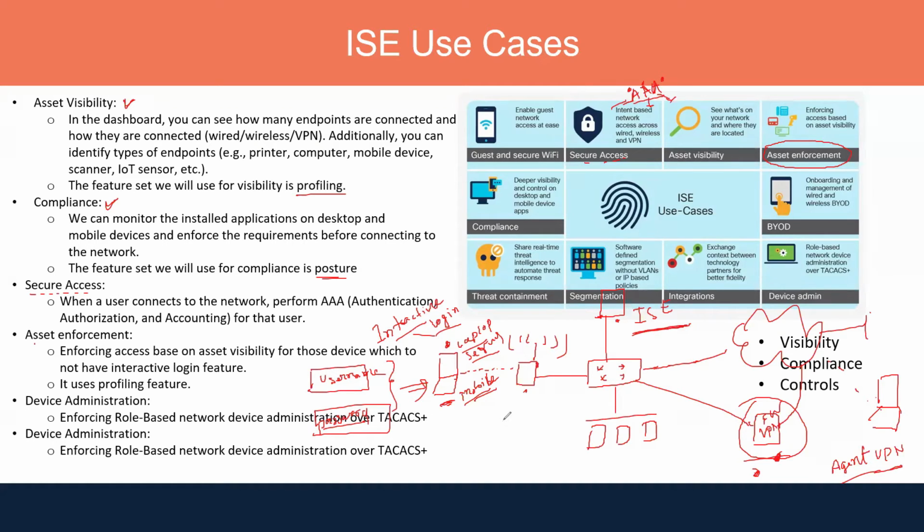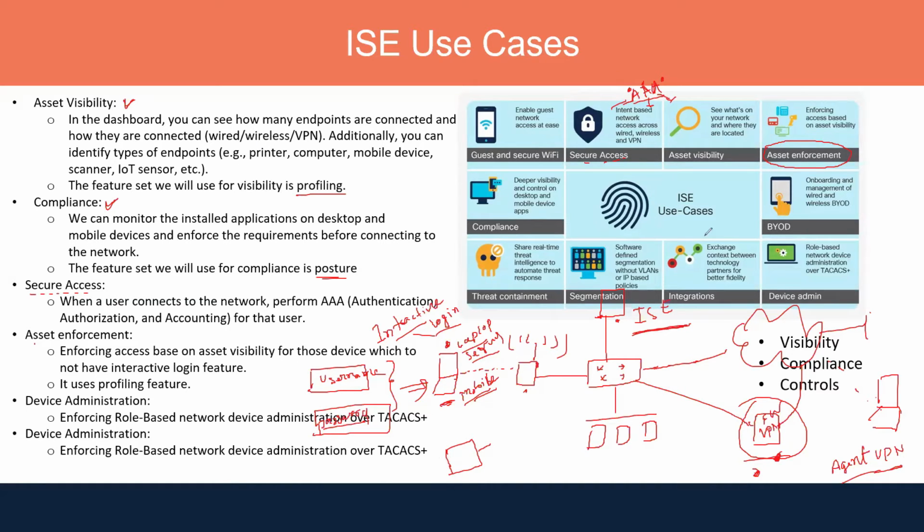You would have some devices which want to connect to the network, but they don't have a feature to provide the username and password. You can take a simple example, a printer. Let's say you have a network printer, and that is a dummy device, right? On a printer you cannot put the username and password. Now how is the printer going to authenticate?